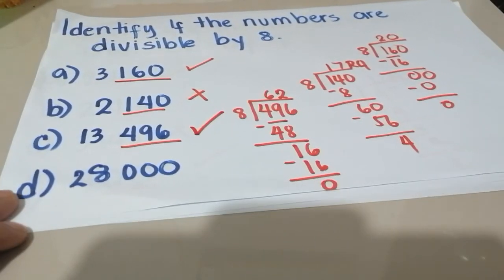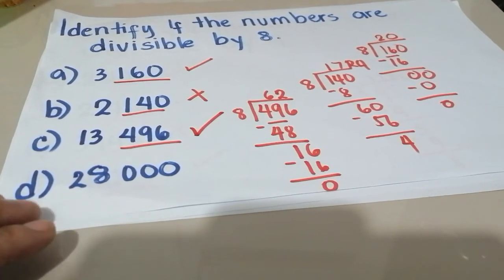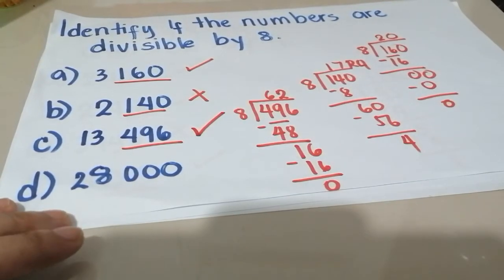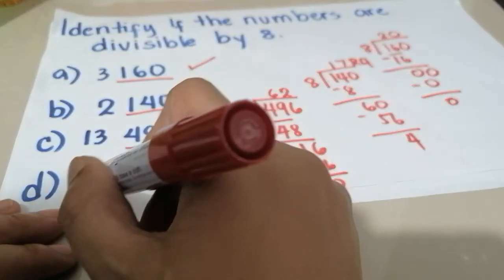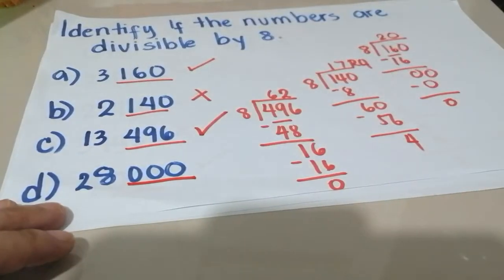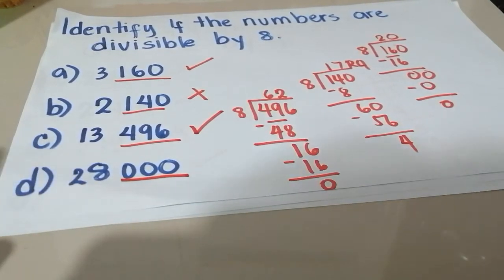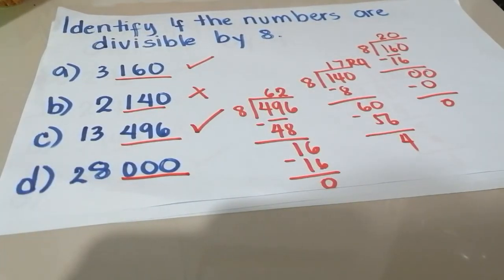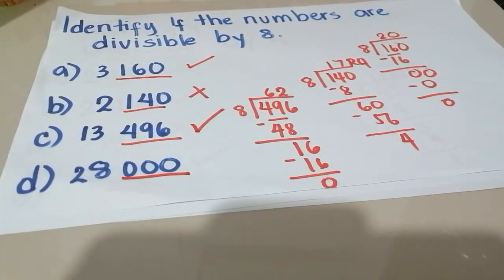Okay? Last is 28,000. So the last 3 digits of that number, of 28,000, is 3 zeros. So 0 divided by 8 gives you 0 as the answer.